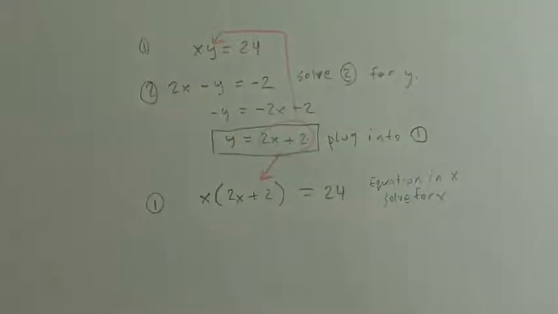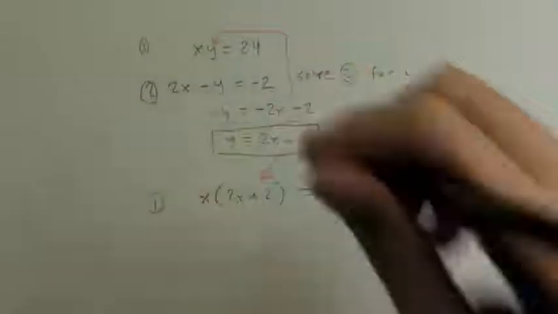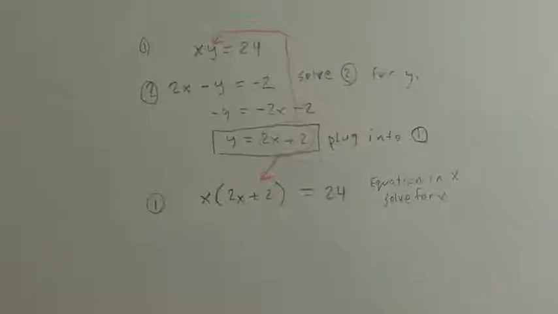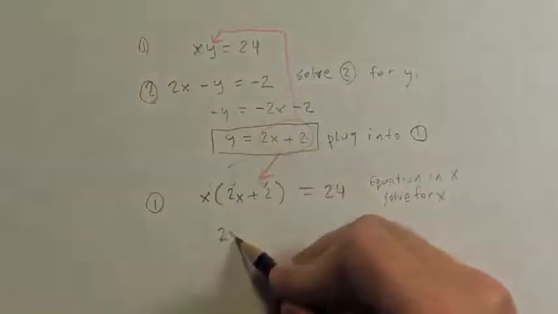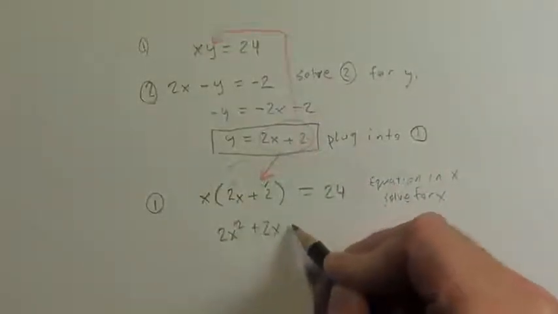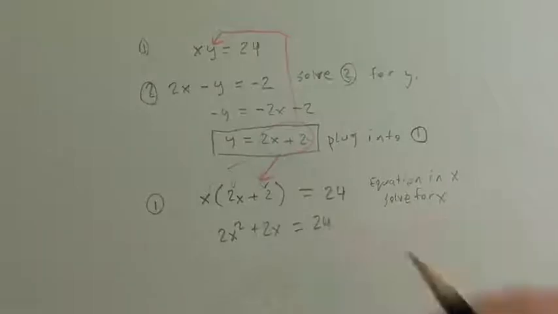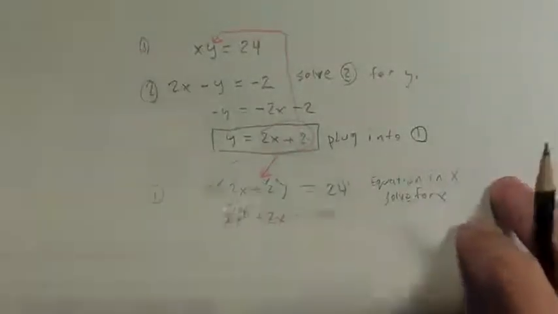All right, solve for x, and then plug those x's back in. So it's like a chain of solving, essentially. Again, this isn't new. This is just like systems of equations that we've seen before, except now when I distribute this x, I'll get 2x squared plus 2x is equal to 24. And that part's different.